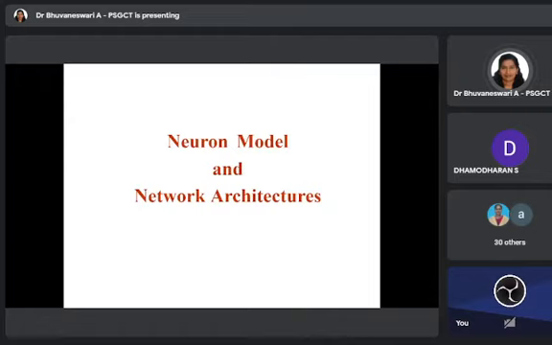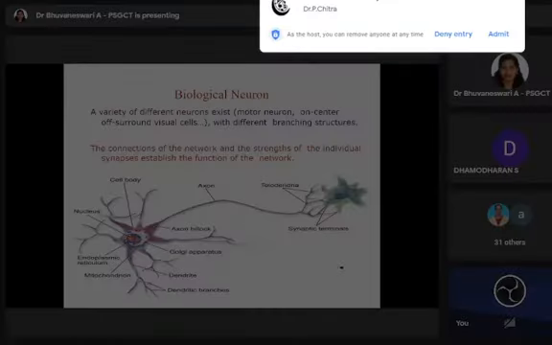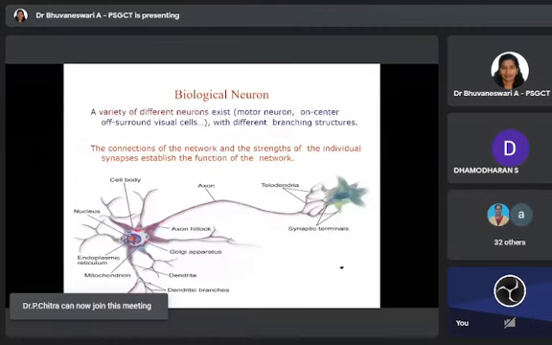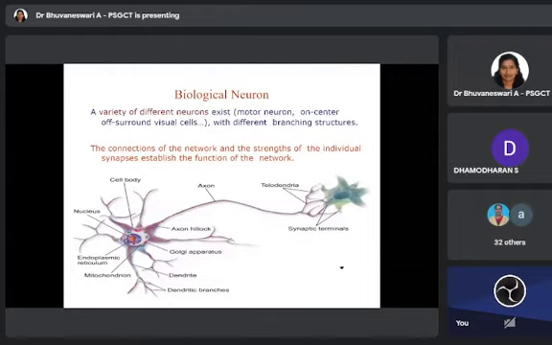There is no precise structure for them. The connections of the network and the strength of individual synapses establish the function of the network. Though there may be many neurons in a group, they have to be connected appropriately to the correct neuron, with the strength of individual synapses.